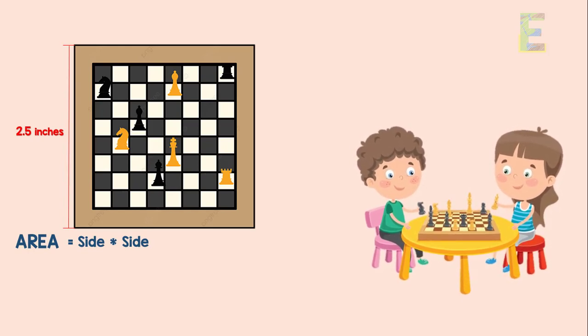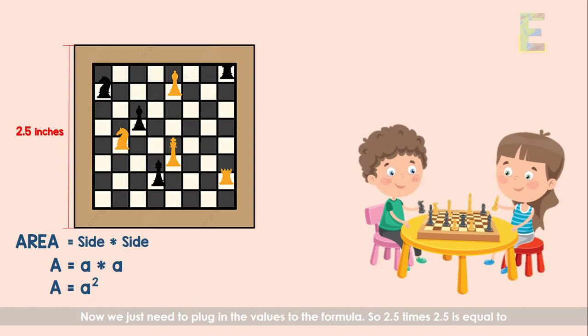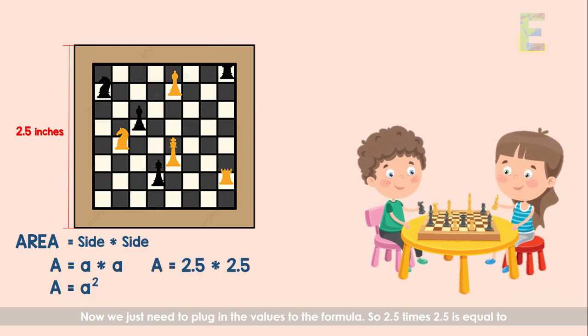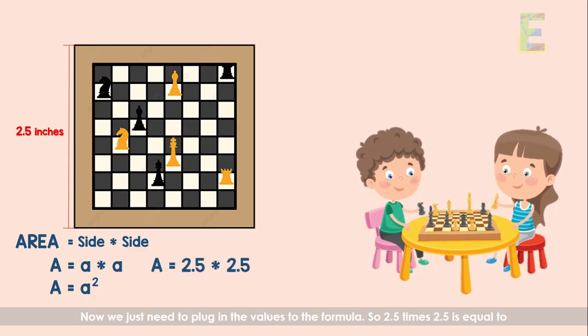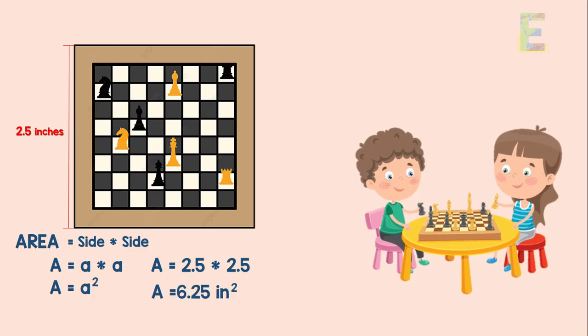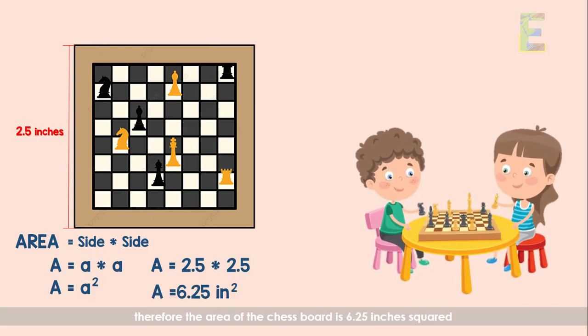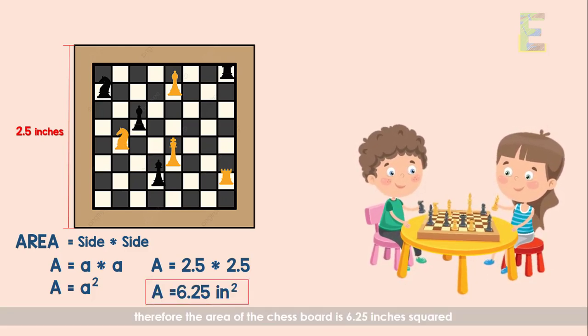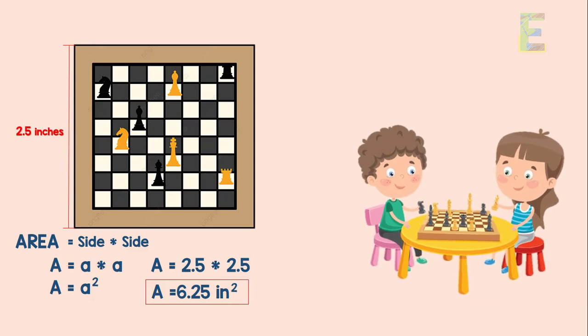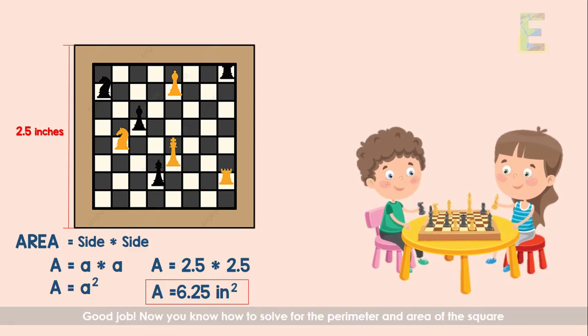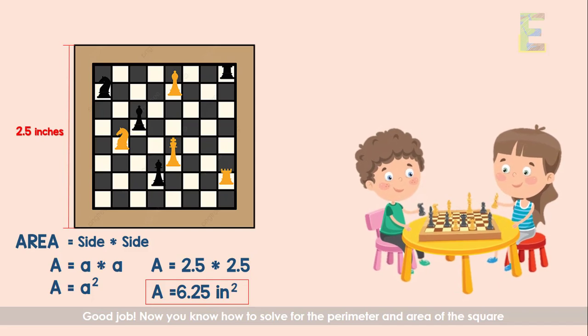Or if you have a side A, for example, A equals A times A, or A equals A squared. So now we just need to plug in the values to the formula. 2.5 times 2.5 is equal to 6.25. Therefore, the area of the chessboard is 6.25 inches squared. Good job! Now you know how to solve for the perimeter and area of a square.